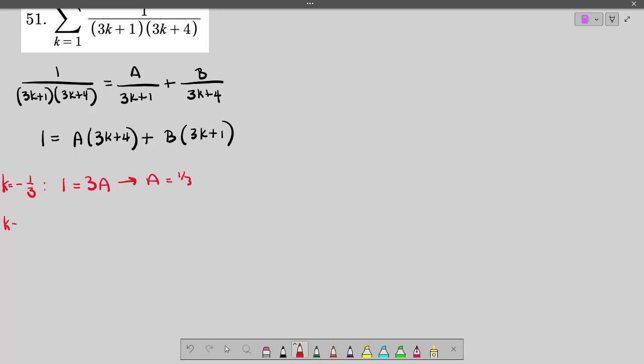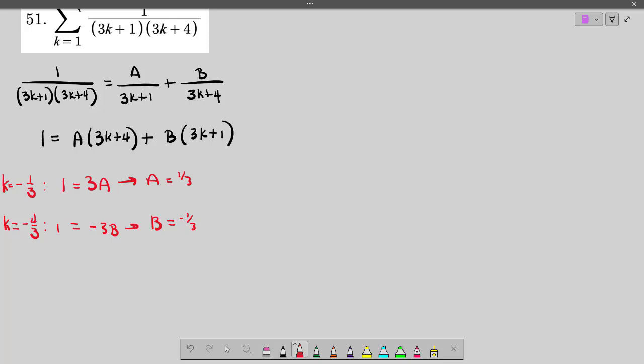The second convenient value is from when this is 0, which is going to be negative 4/3. So now we're plugging it in across the board here. Negative 4/3 there gives 0. Negative 4/3 here. Negative 4/3 times 3 is negative 4, plus 1 is negative 3, so we get negative 3B. So B will be negative 1/3.